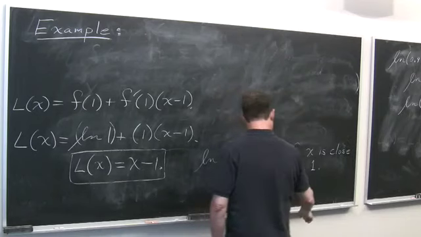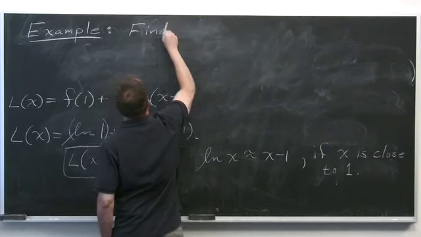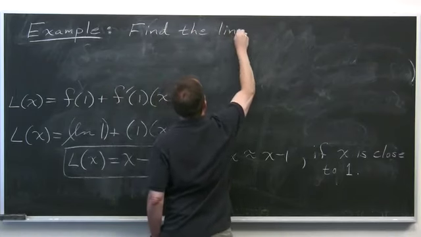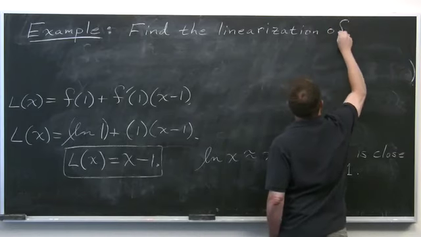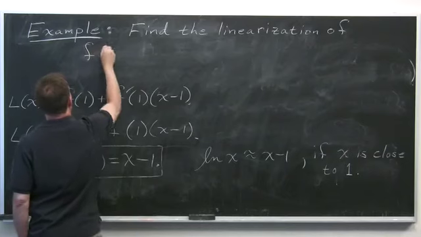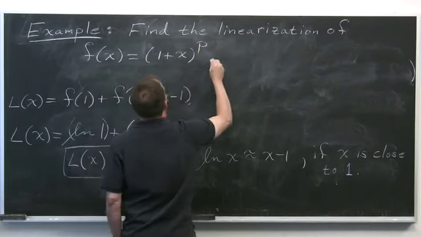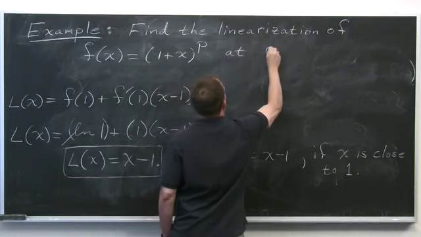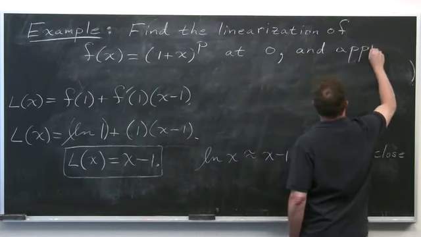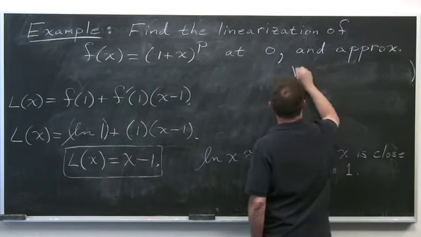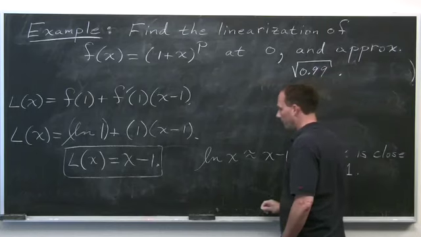So let's find the linearization of f of x equals (1 plus x) to the p at 0, and we'll use it to approximate the square root of 0.99. Okay?